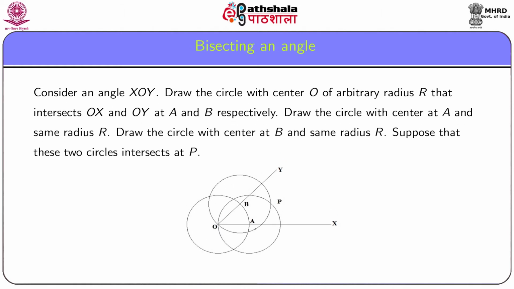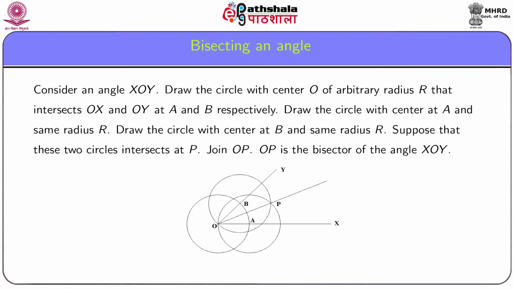Then draw the circle with center at B and the same radius r. Suppose that these two circles intersect at P and O. Then the line OP is the bisector of the angle XOY.